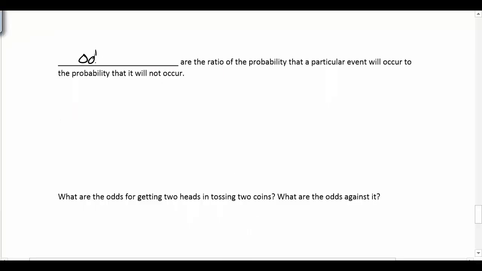Okay, the odds are the ratio of the probability that a particular event will occur to the probability that it will not occur. We're going to talk about that a couple different ways in a moment.